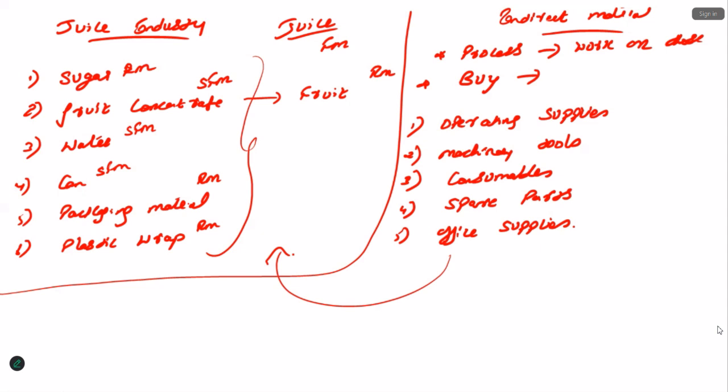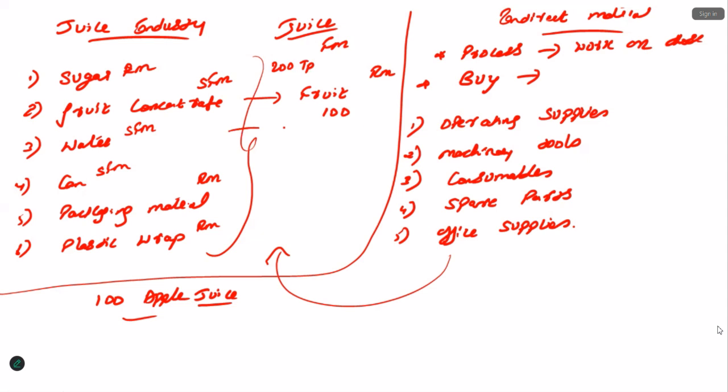Assume that you got an order of 100 apple juices. As soon as I get the order, we will start planning. For 100 apple juices, you know that per apple you can produce one juice, so you need 100 apples. You are going to put 2 tablespoons of sugar, so you need 200 tablespoons of sugar.